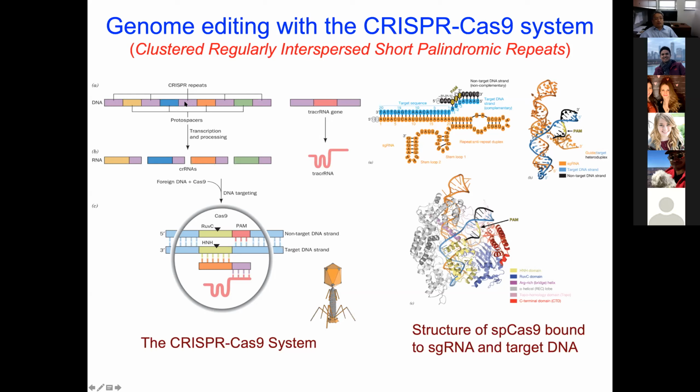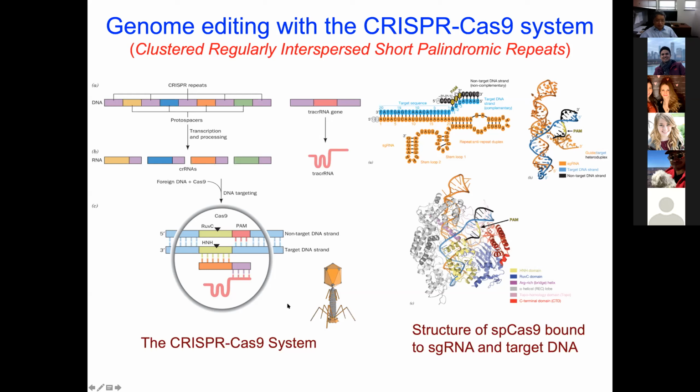Those DNA fragments can be transcribed into RNA, and then associate with the tracer RNA. The next time there's infection, this tracer RNA, associated with the guide RNA, can recognize double-strand DNA from the virus and then cleave that double-strand DNA. Once that double-strand DNA from the virus is cleaved, the virus cannot replicate.